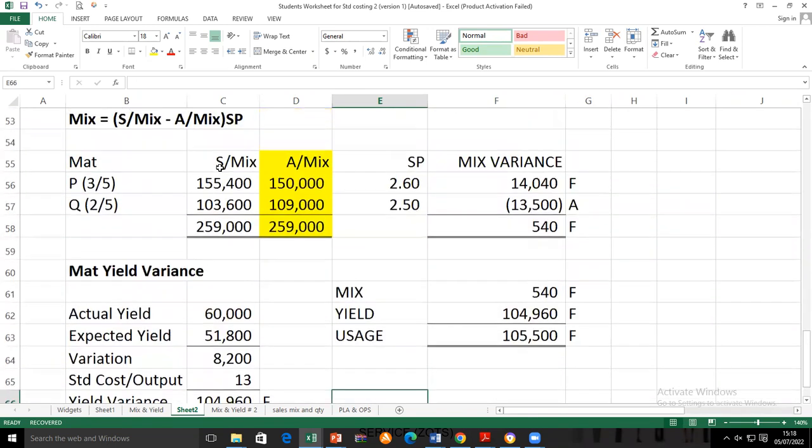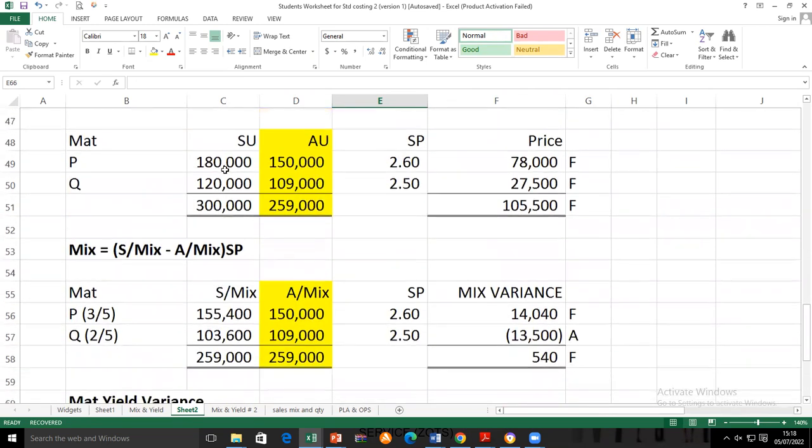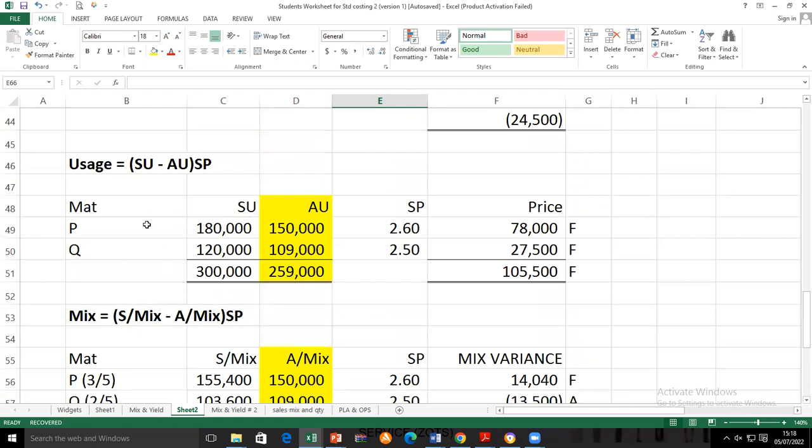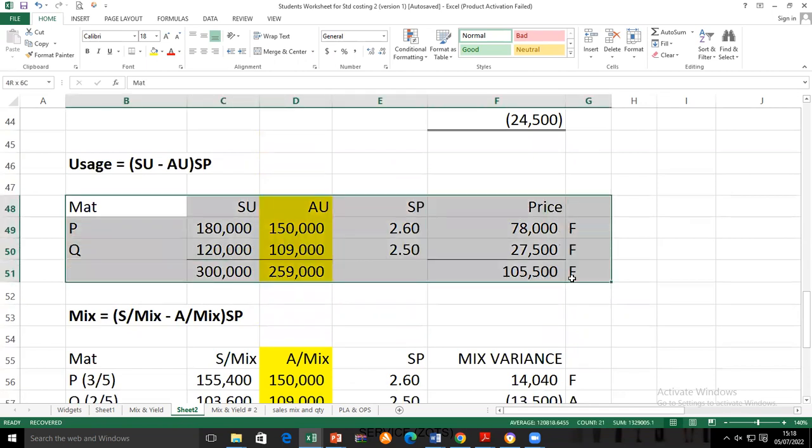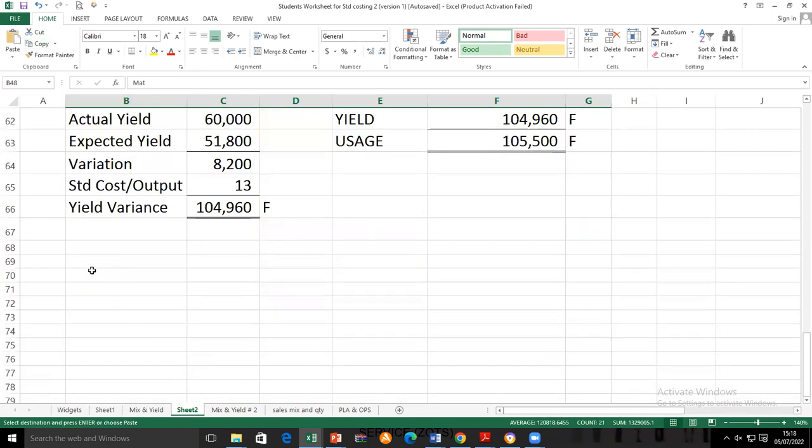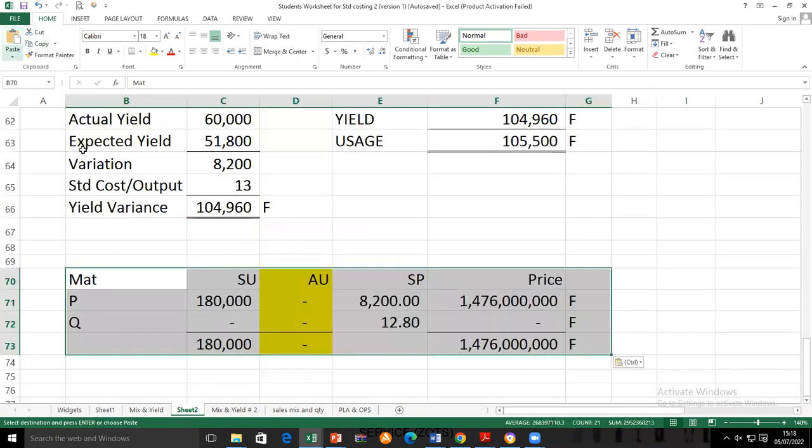Now yesterday we learned which column is common? This. So this will drop. So you say standard usage minus actual, per material. So if you don't do it per material, your answer is not correct.